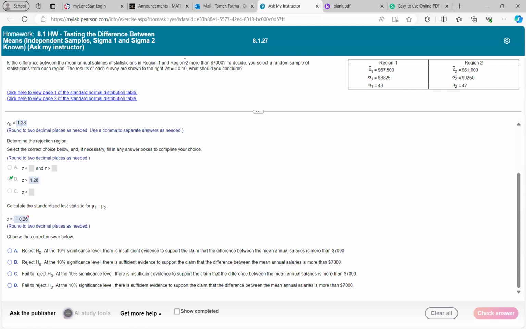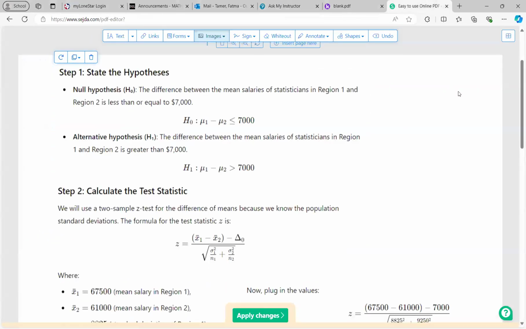So we're going to create a hypothesis to decide if the average salary difference between these two regions is more than 7,000. To answer this question, first we're going to create the null hypothesis, which is H0.